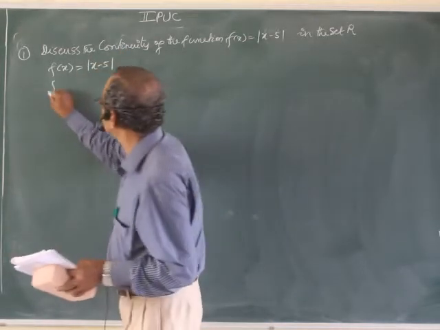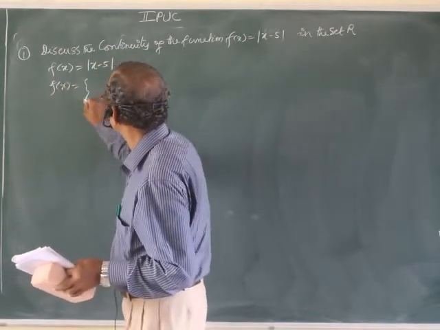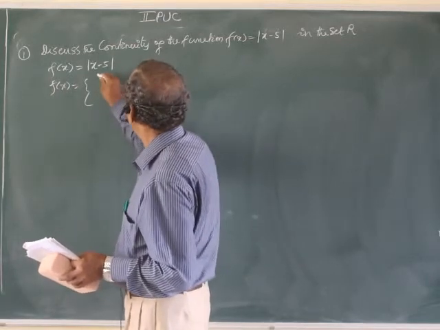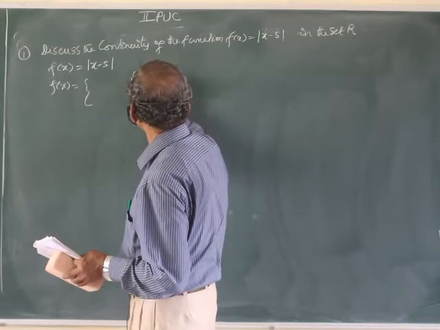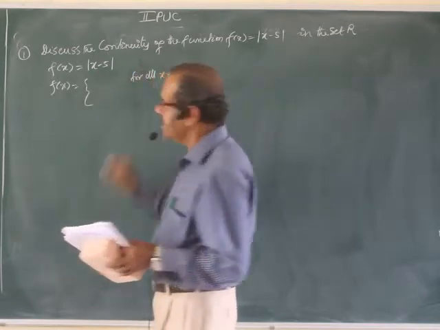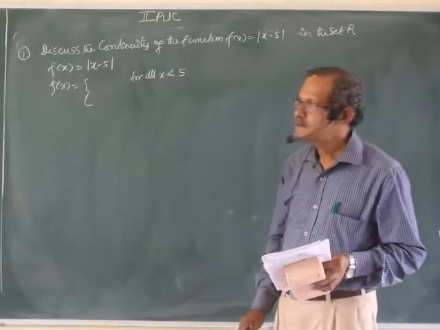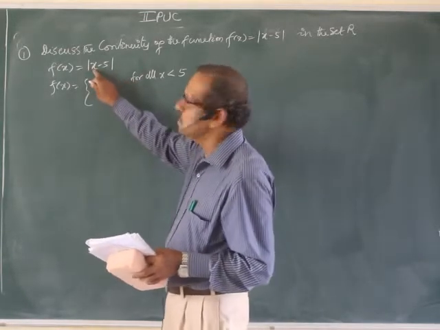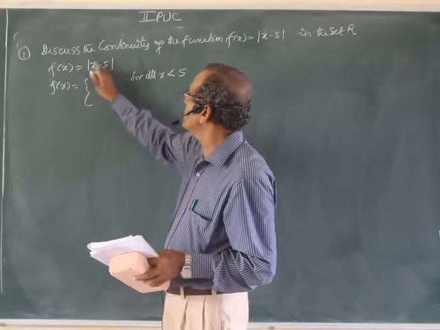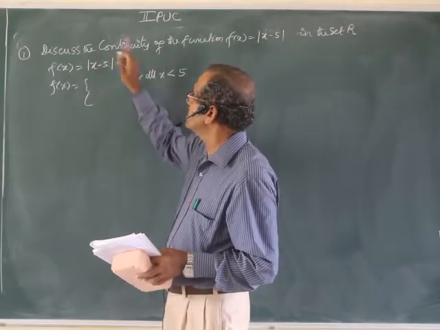Now, I can write the same function like this. It is the modulus of this for all x less than 5. For all x less than 5, just imagine 4: 4 minus 5 is minus 1, modulus is 1.